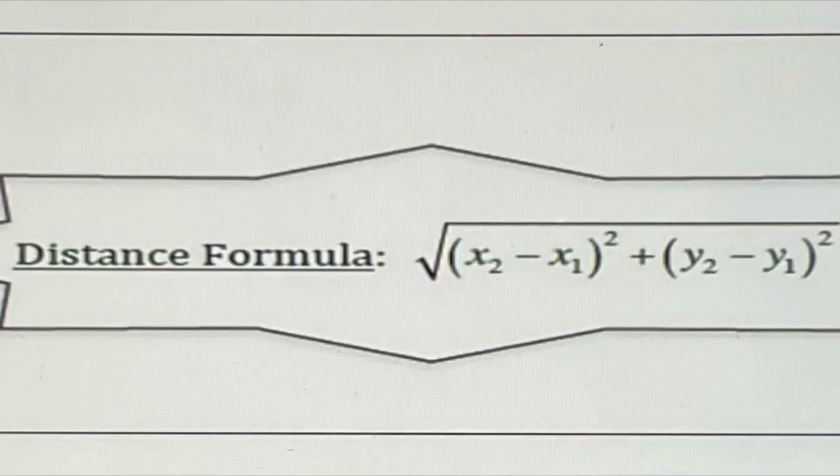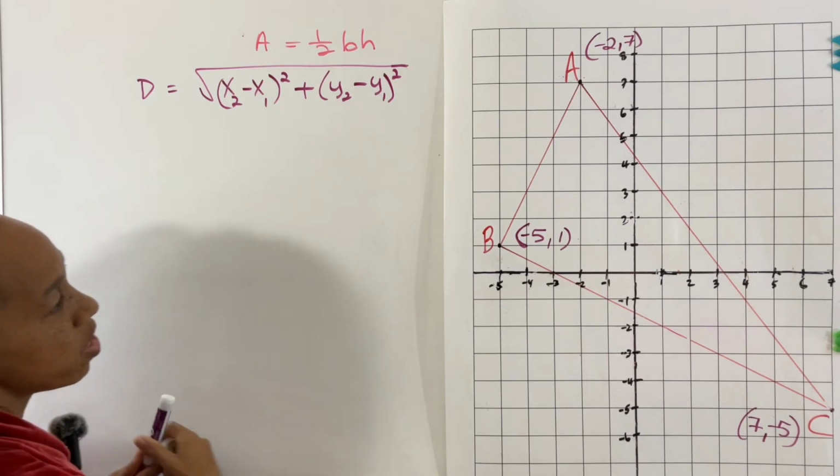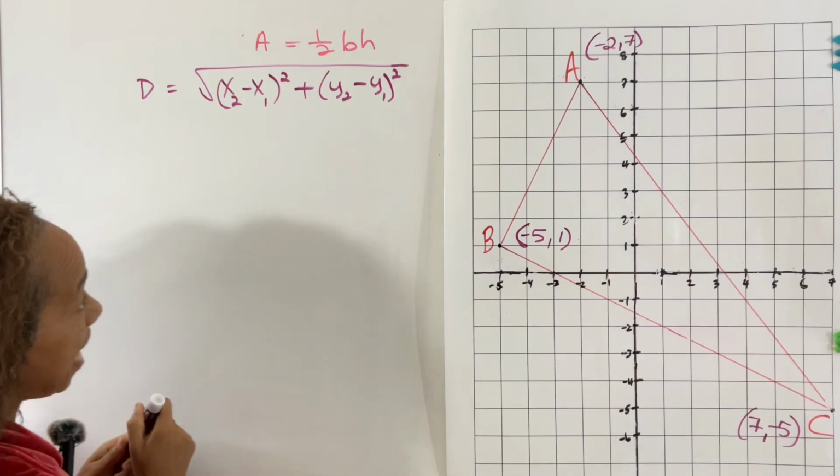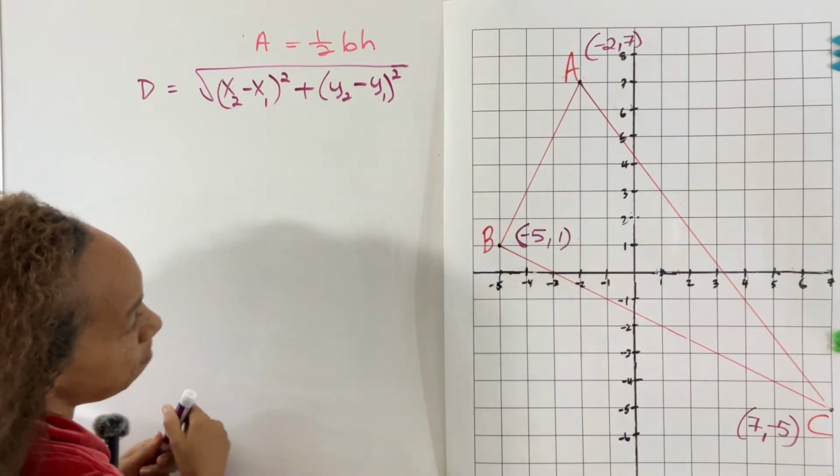And the distance formula is D equals the square root of x2 coordinate minus x1 coordinate, raised to the second power, plus y2 coordinate minus y1 coordinate, also raised to the second power. And we're going to find the distance, or the length, of AB.